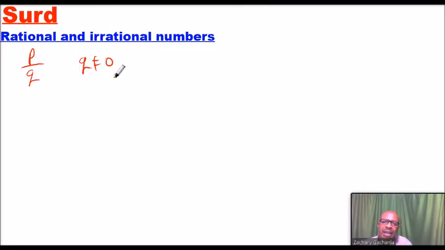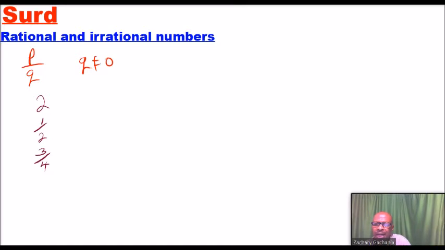We don't divide a number by 0. We can give examples of rational numbers. We can say 2 is a rational number, 1 over 2 is a rational number, 3 over 4 is a rational number.